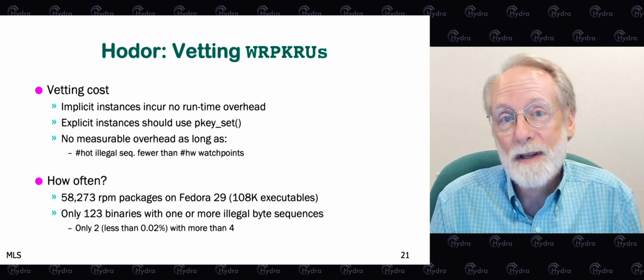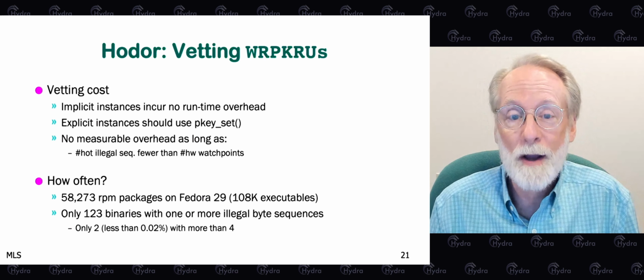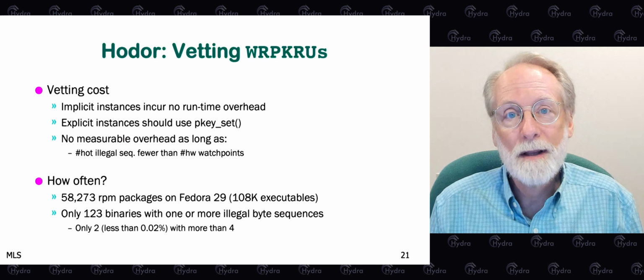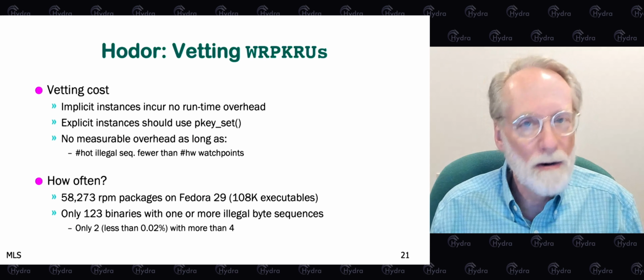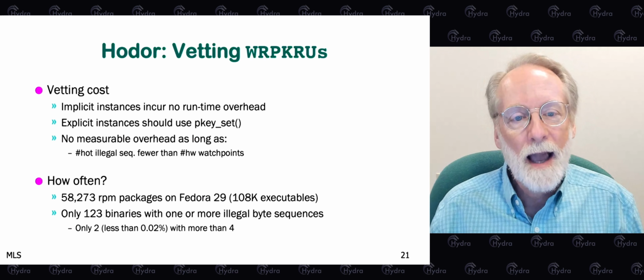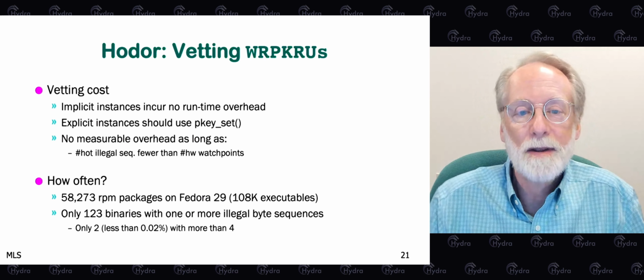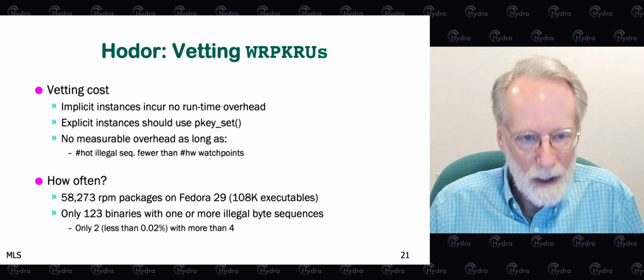And if they use it to do something that is unrelated to protected libraries, that's perfectly okay, and we can support it. They will be using the library routine designed for this purpose called pkey_set, which already exists in Linux. And the Hodor library loader understands the pkey_set library routine and doesn't put a breakpoint there.